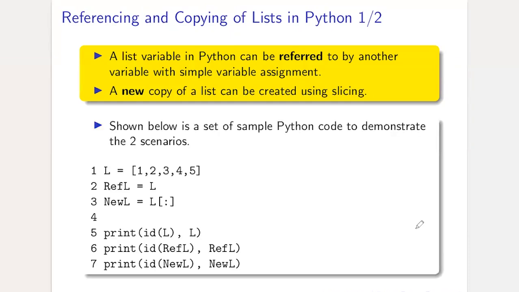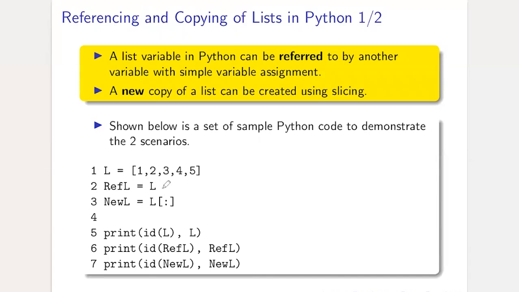Let me explain that with this sample code. We have a list that we create using the Python square bracket to indicate that we are going to create a list, and the values in the list are enumerated and separated by commas.